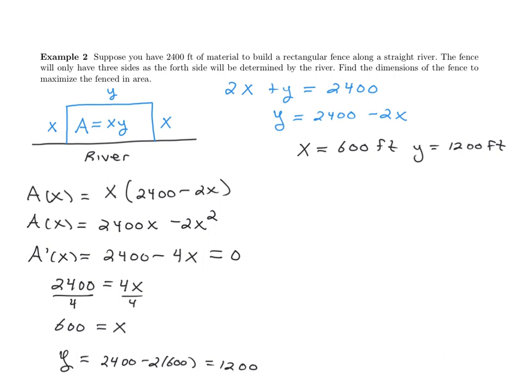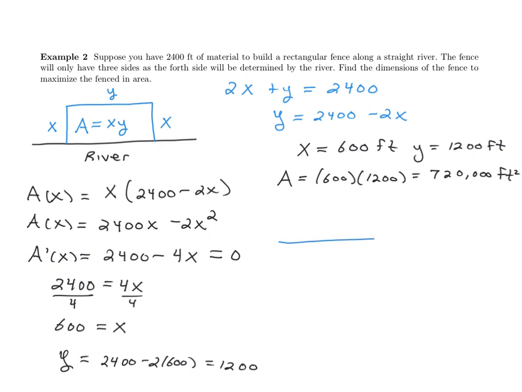And by the way, if you want to know the actual area we get here, that is x times y, the product of these two numbers. That is 720,000 square feet.